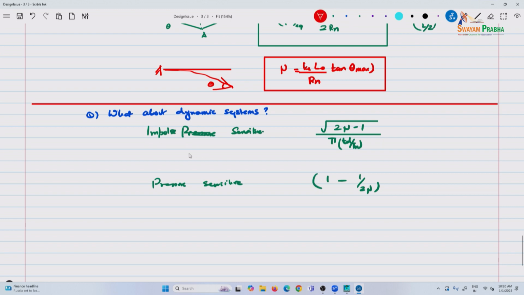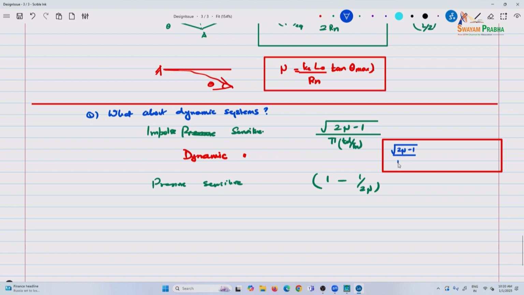So, the dynamic systems is sort of a mix of these two, is considered in the following way. So, this is a combination of both square root of 2 mu minus 1 by pi Td by Tn plus 1 minus 1 over 2 mu Td by Tn. Now, do not ask me how they came up with this.